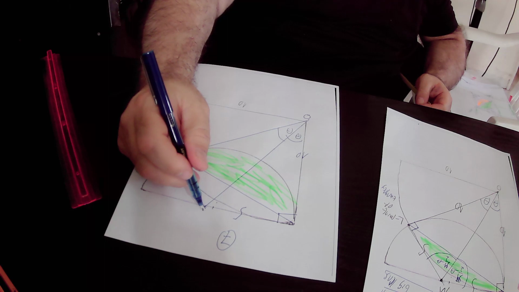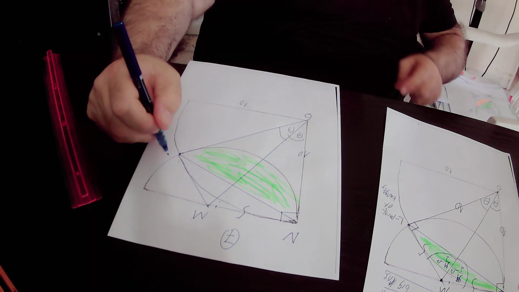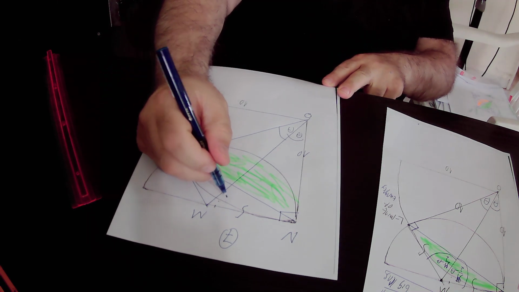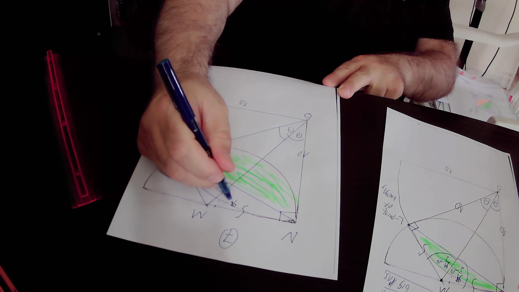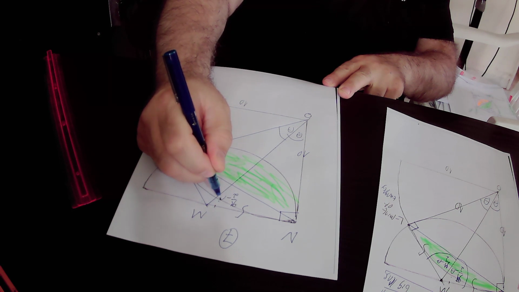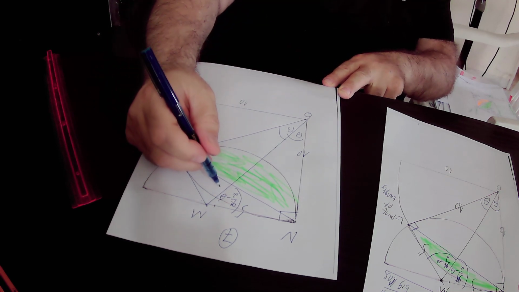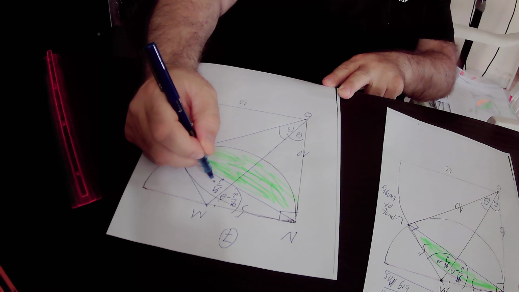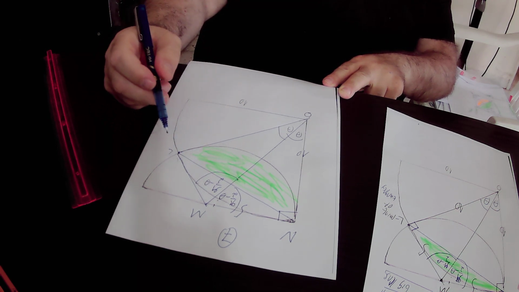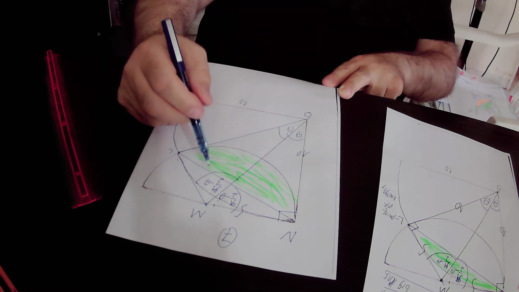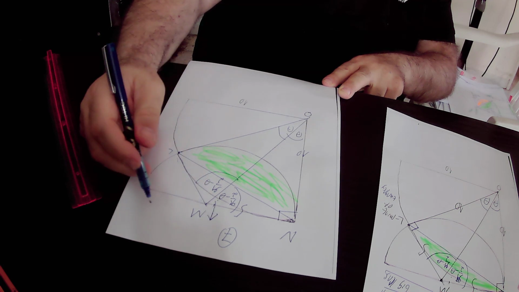We have already found out that angle NMO equals pi over 2 minus theta. Angle OML also equals pi over 2 minus theta. So in total, the size of angle NML is equal to the sum of those two angles.